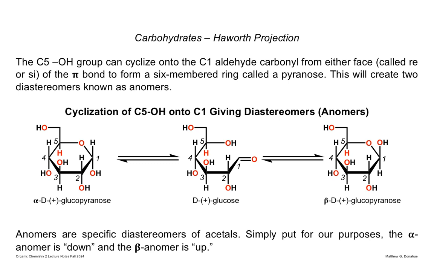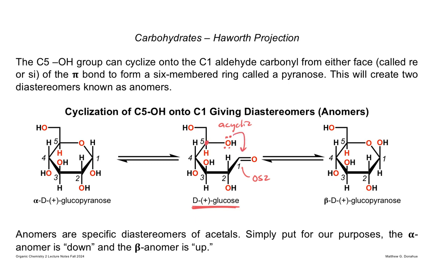And so this slide shows you how that Haworth projection actually forms the ring. So here's glucose in the middle in the, I'm going to say, acyclic form. We know that carbon number 1 is at oxidation state 2. So if you pay attention to this alcohol here, that's the carbon 5 alcohol.